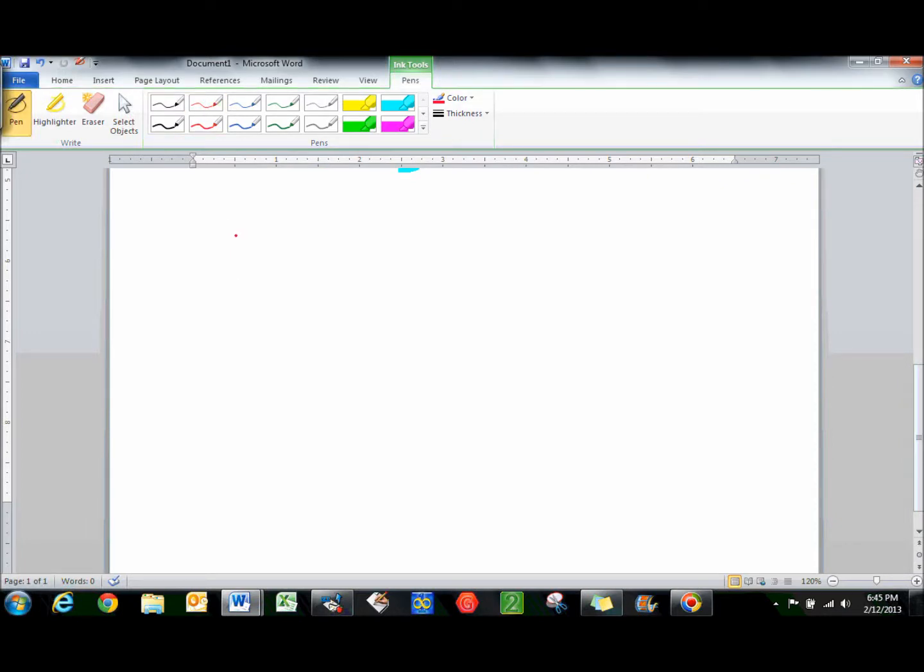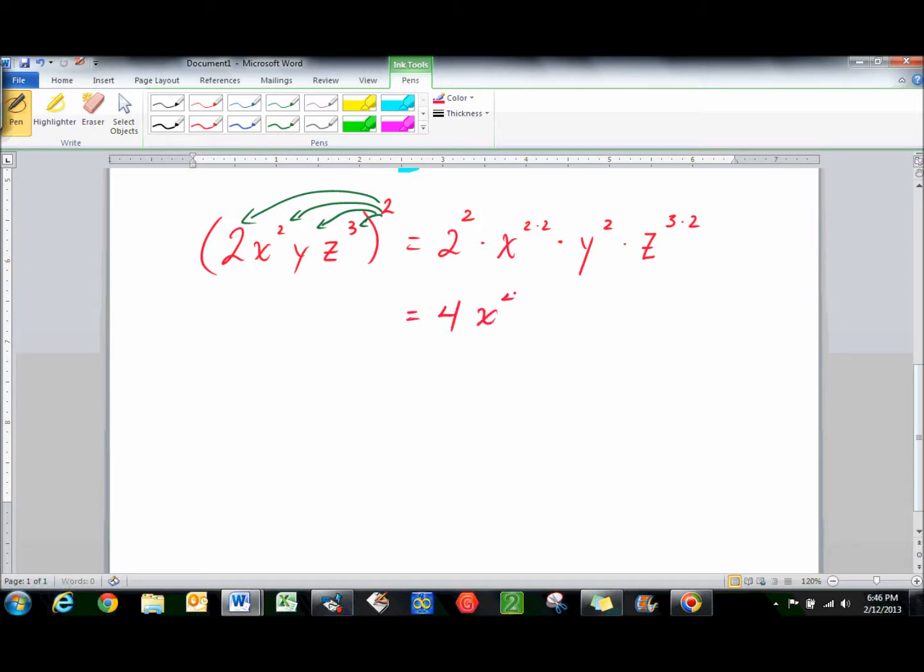We can have multiple values in here that can be raised to a certain power, and of course this too would be applied to every part in here, which is going to make this 2 squared times x, and then of course that's 2 times 2 because we're raising a power to a power, and then that's y to the second power, and then that is z, and of course 3 raised to the second power is going to be multiplication, so I'm going to end up with 4x to the fourth, y squared, z to the sixth.